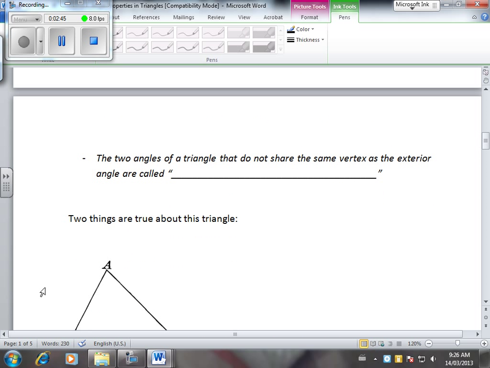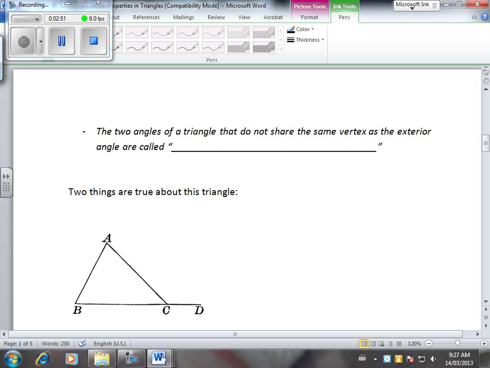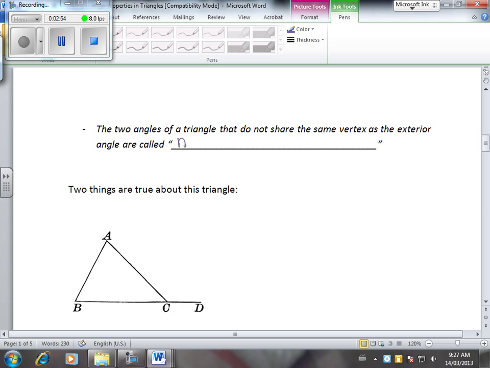So two angles of a triangle that do not share the same vertex as the exterior angle are called non-adjacent, so not beside each other, interior angles, or not beside the exterior angle.